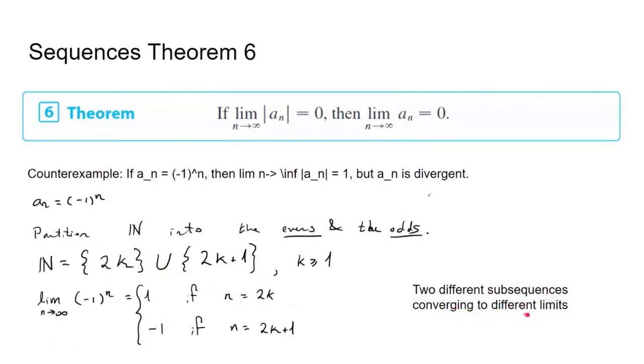We have two subsequences converging to different limits. In that case, we would say the limit of the sequence does not exist because it's going in two different directions. So this is an example where the hypothesis didn't hold, so obviously we don't get the conclusion.